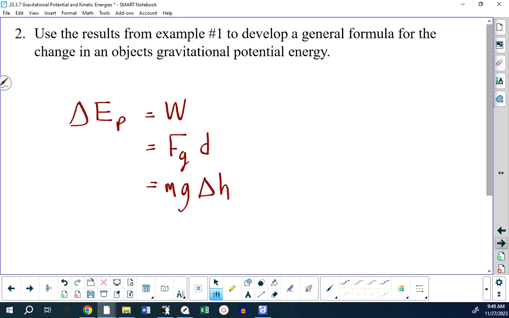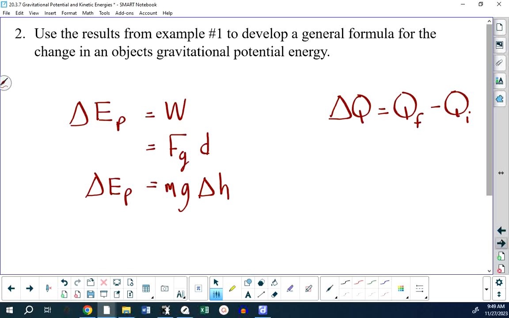delta h, because we are asked for the change in the gravitational potential energy. I know we've talked about this. I am racking my brain here trying to figure out where. We have talked about delta meaning change in a quantity. I'm using Q for quantity. And it's always final minus initial.